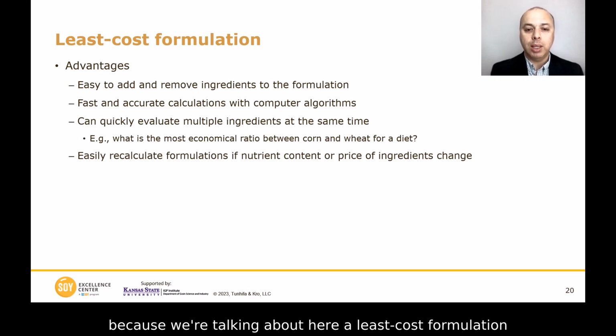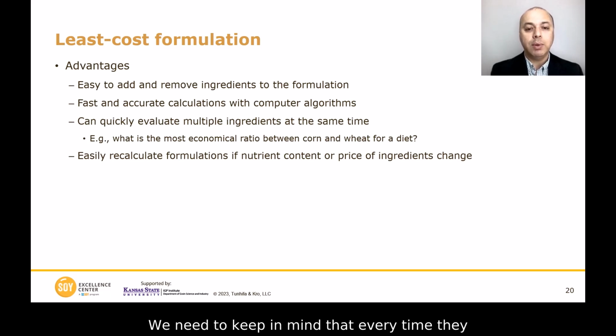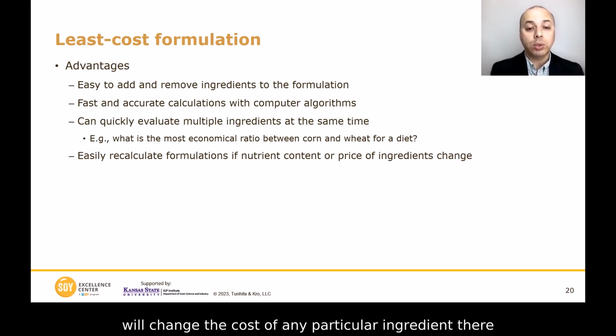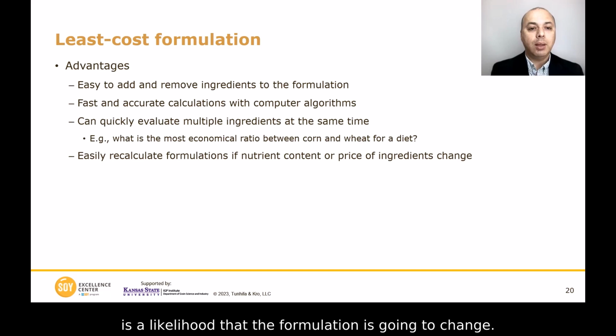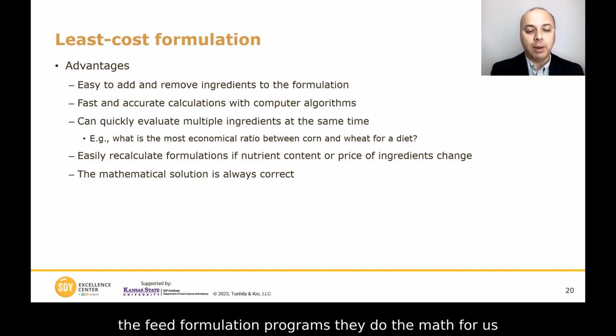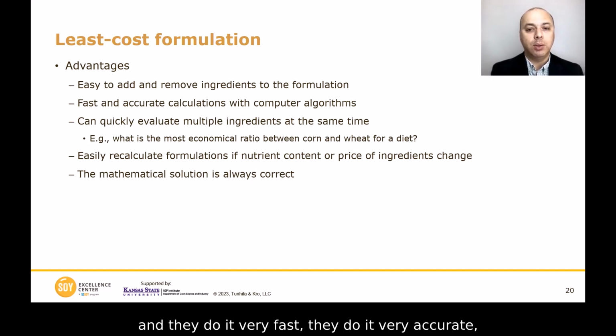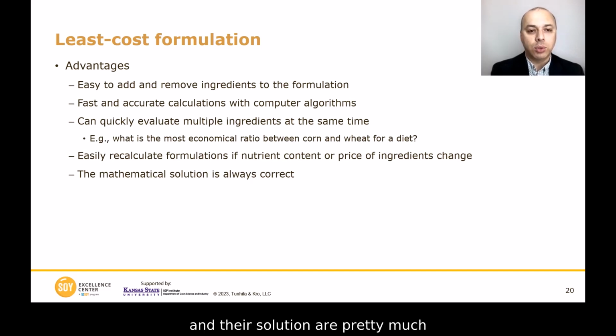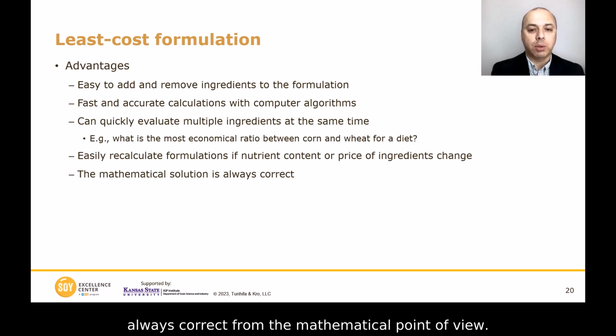Because we're talking here about a least cost formulation program, we need to keep in mind that every time we change the cost of any particular ingredient, there is a likelihood that the formulation is going to change. As we mentioned before, and I'll mention it again, the feed formulation programs do the math for us, and they do it very fast, they do it very accurately, and their solutions are pretty much always correct from the mathematical point of view.